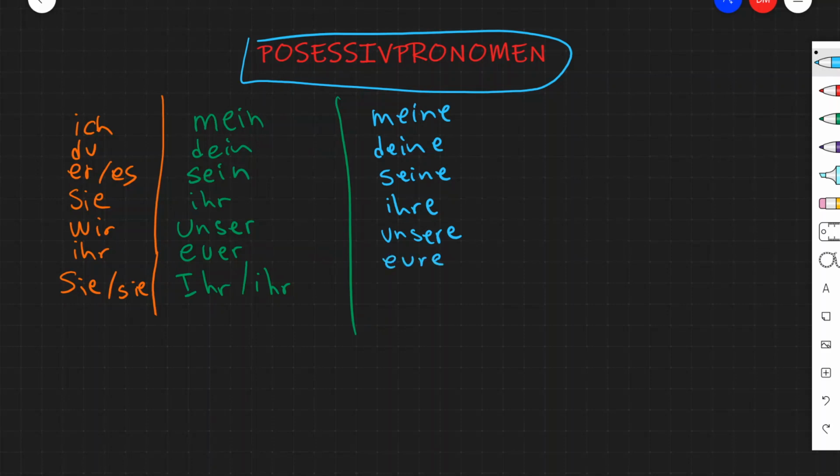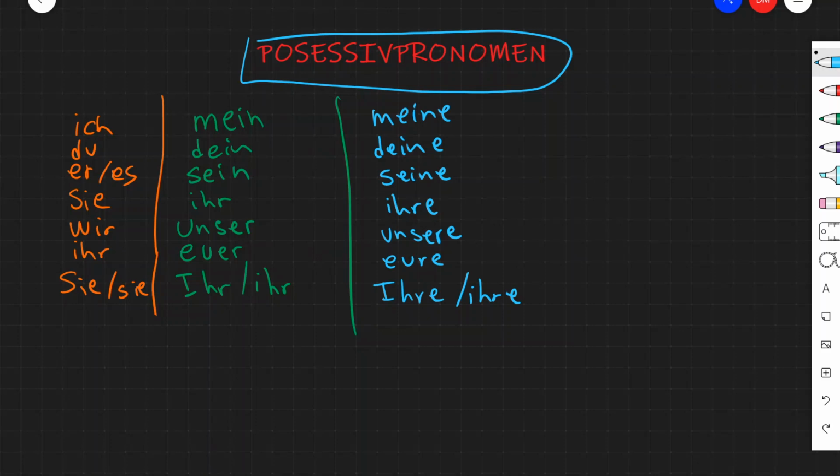You exchange the places of the E and the R at the end of the word. And for ihr, it becomes like this: ihre. So what's the difference? Why did I add the e's to the end of the possessive pronomen in blue? And why did I change places of the E and the R in euer and eure?